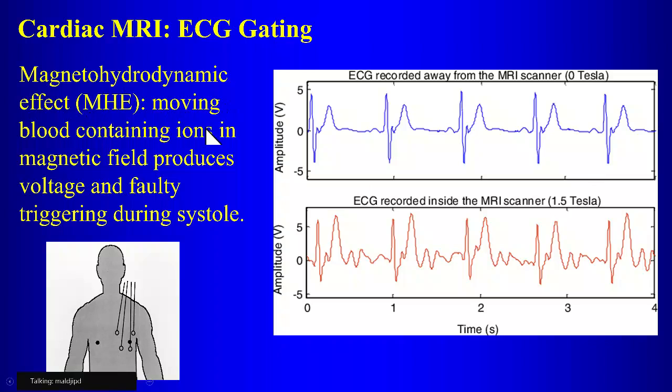This has to do with the moving blood containing ions in the magnetic field, and that produces voltages in and of itself that can interfere with the recording that you're trying to get to identify the R waves. So when you place the patient inside the magnet, you get a much more complex ECG tracing, where it can be harder to identify the R waves from the background noise.